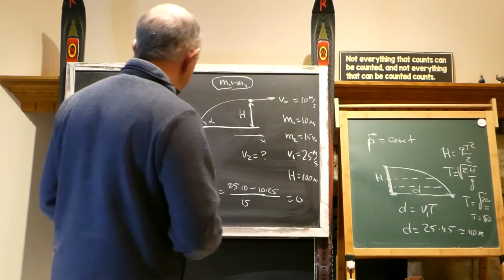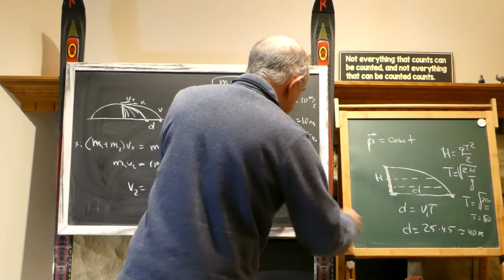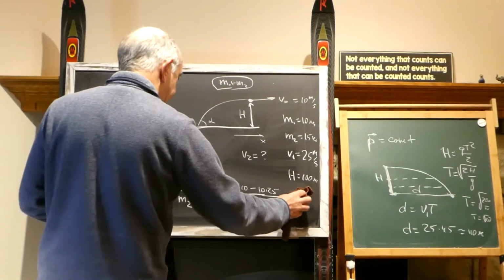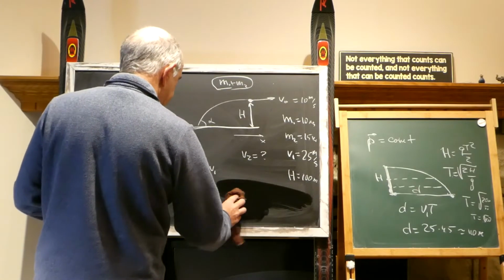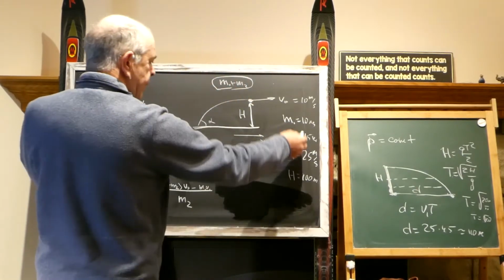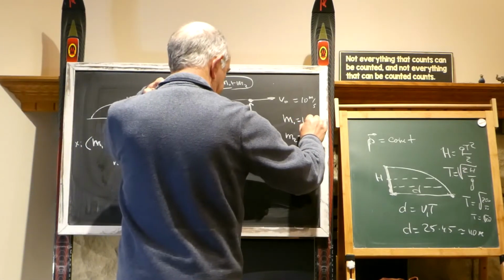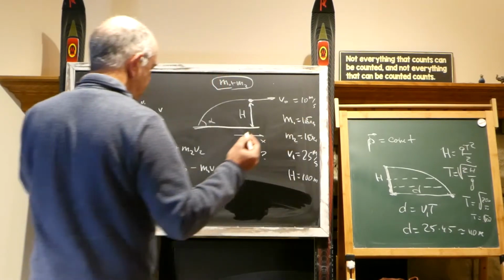But we don't have to make this assumption about the zero. We can basically say that this is it, because, for example, if I change M1 and M2, if this would be 15 and this would be 10, right?